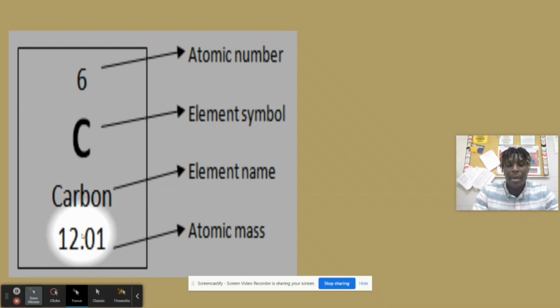But here is how you remember the atomic mass. It is the larger number. So the larger number is the atomic mass, while the smaller number is the atomic number. Now, the atomic number is the counting number. All right, wonderful.